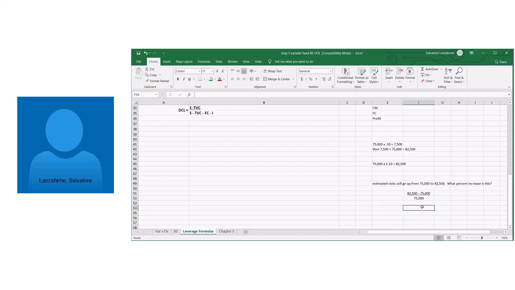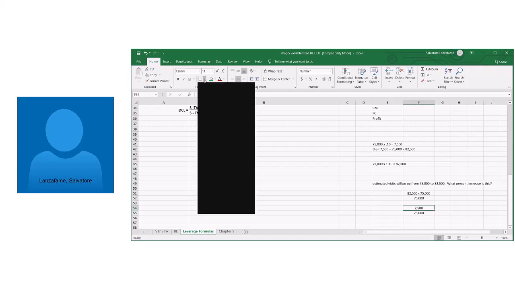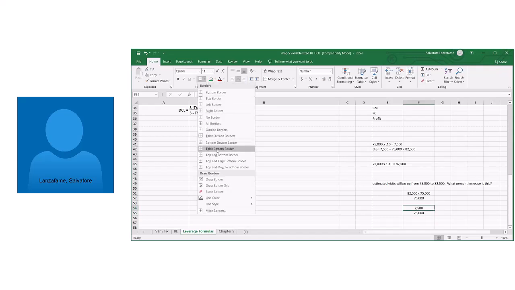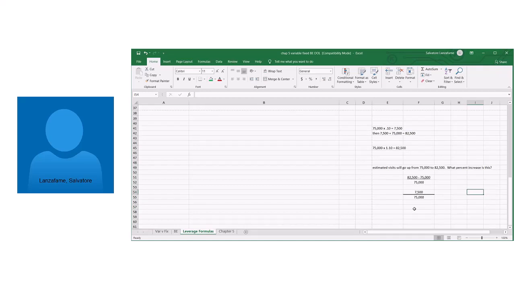So 82.5 minus 75,000 is 7,500. Divide that by 75,000, and voila, 10%. Okay, just wanted you to know how to do that.